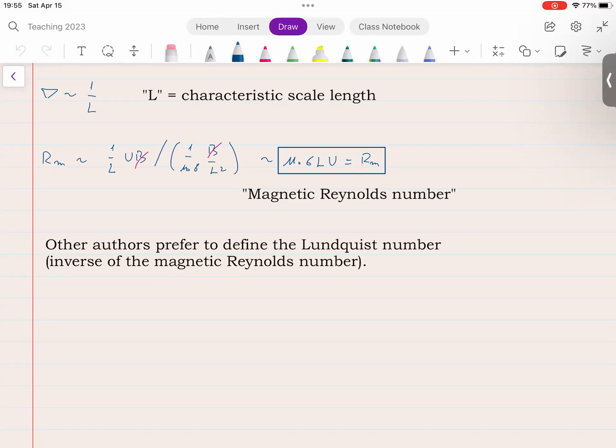Now, the Lundquist number is usually indicated with capital letter S, and that's going to be the inverse of the magnetic Reynolds number. And this is typically large.